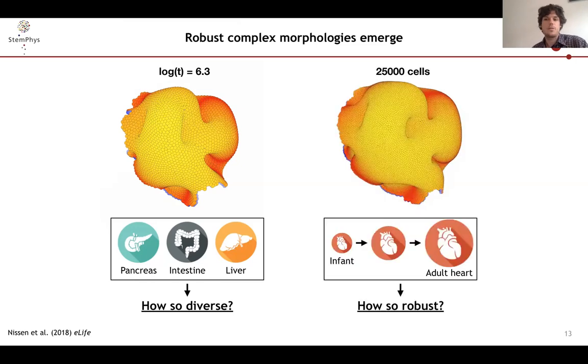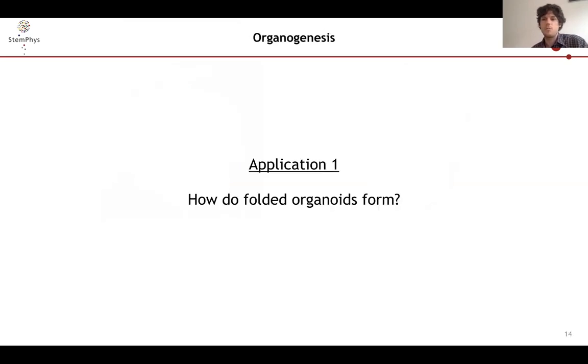However, I admit, so far we just considered some alien organs, but now I would like to show 2 applications. I already showed 1 application, the blastocyst, but let me dig into another example and ask the question: how do folded organoids form?